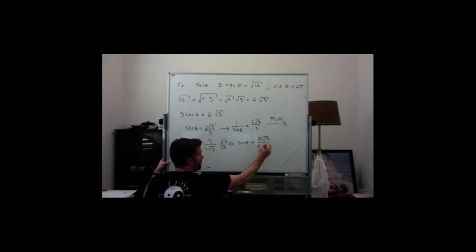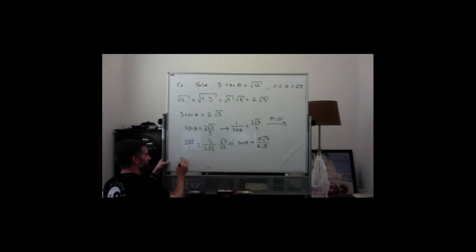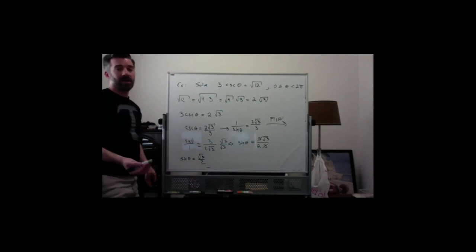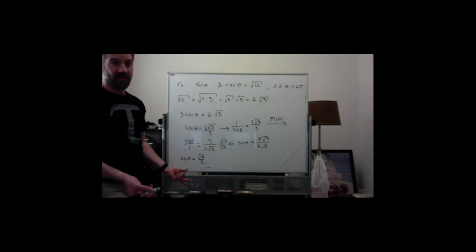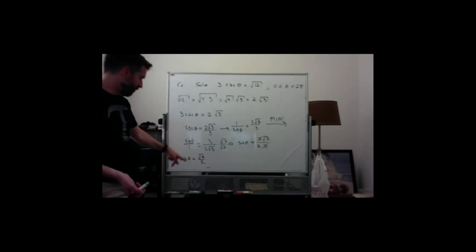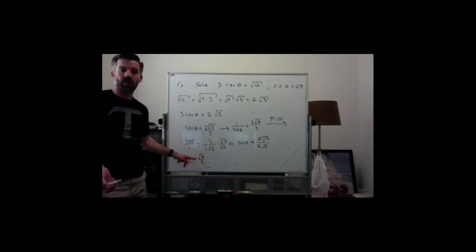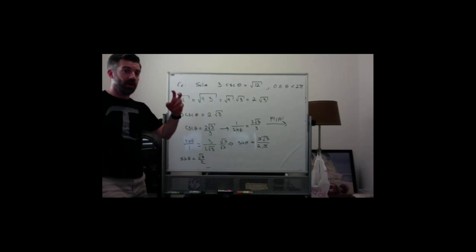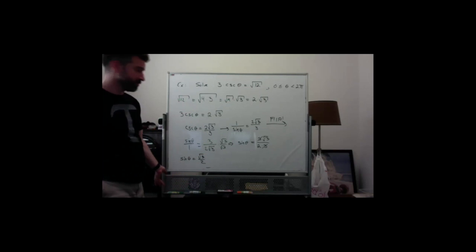And then these 3's cancel out. So I end up with sine of theta equal to the square root of 3 over 2. Whew. It took a little bit of work, but eventually we got this to look like a trig function of an angle equal to one of the normal values we're used to seeing.